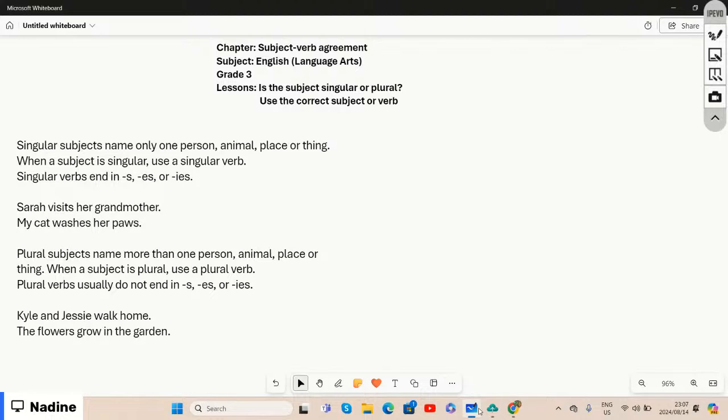And when we talk about singular, especially when we make mention of a noun, remember we said a noun names a person, an animal, a place, or a thing. So singular nouns or singular subjects name only one person, one animal, one place, one thing.